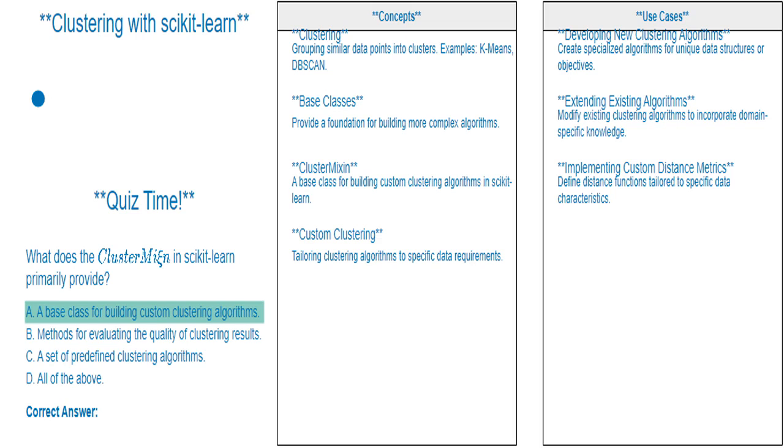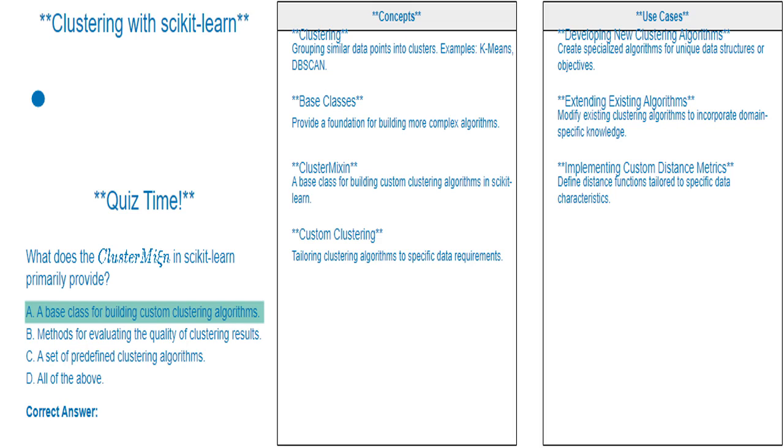Base classes provide a foundation for building more complex classes or algorithms by inheriting from them. They offer essential methods and properties that are commonly used in a specific domain. The cluster mixin in scikit-learn serves as a base class specifically designed for building custom clustering algorithms.